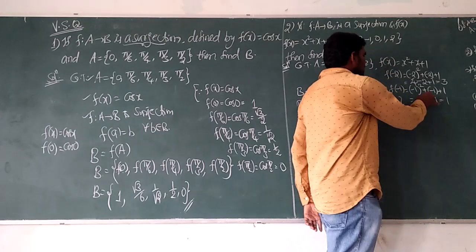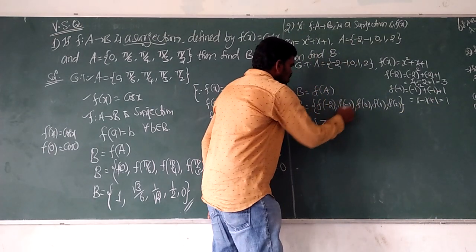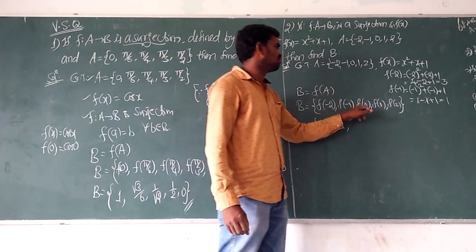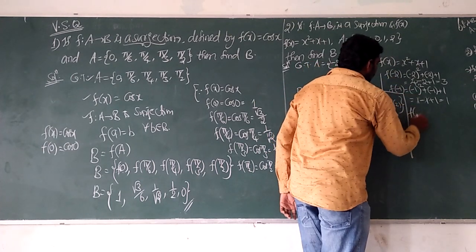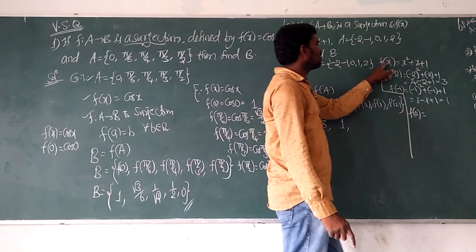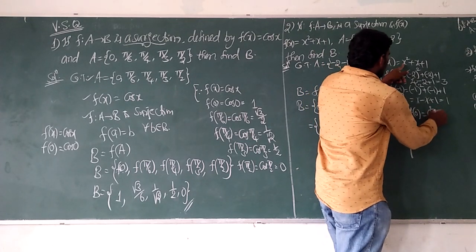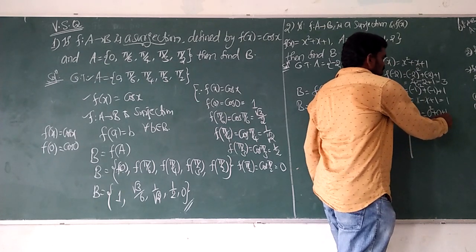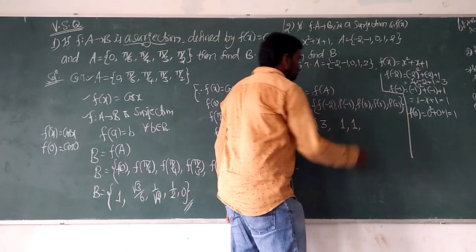Or otherwise you can cancel plus 1 and minus 1, remaining is plus 1. So f of minus 1 value is 1. Then similarly find f of 0. We substitute 0 in place of x: 0 square plus 0 plus 1. The zeros vanish, so f of 0 becomes 1.